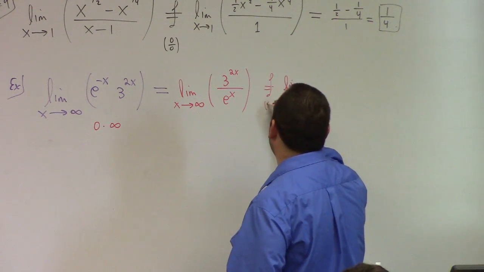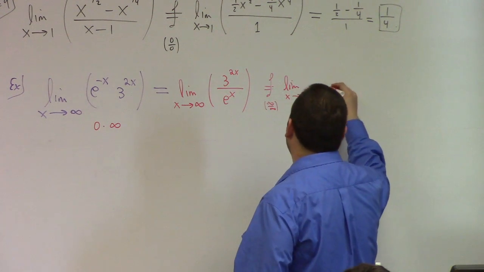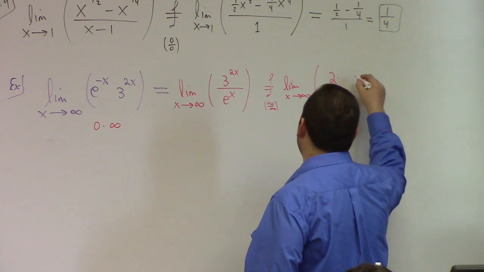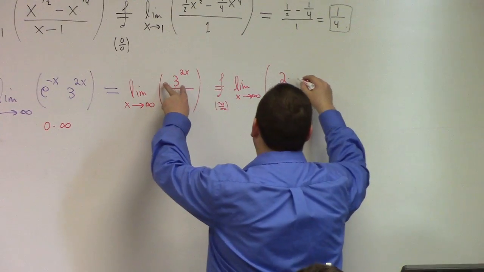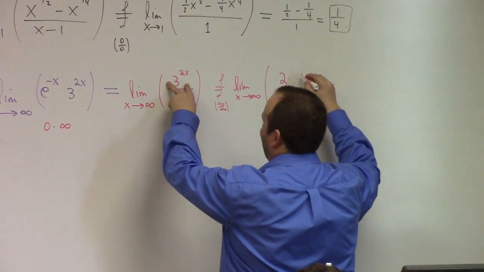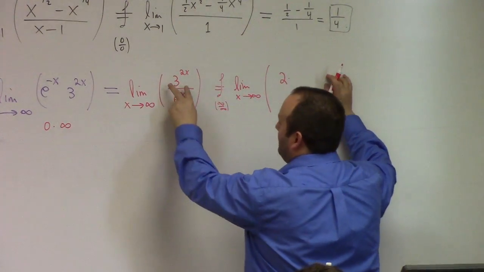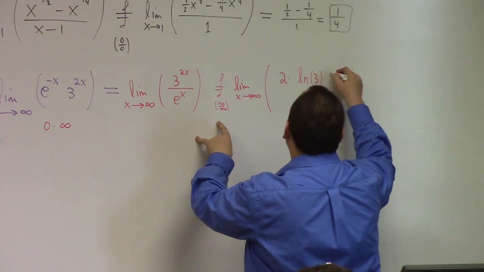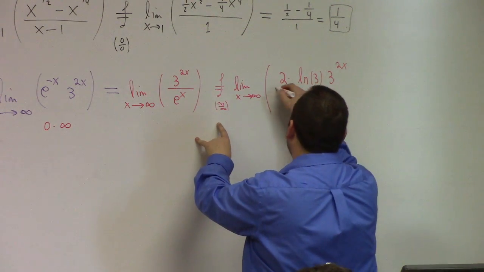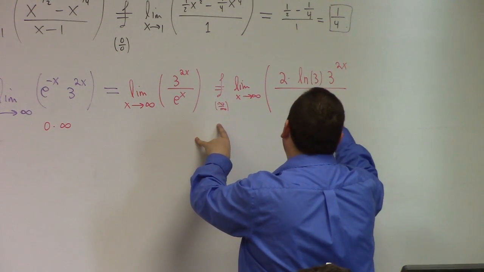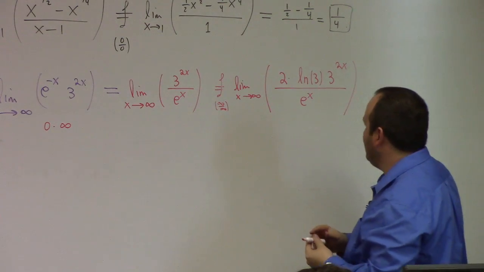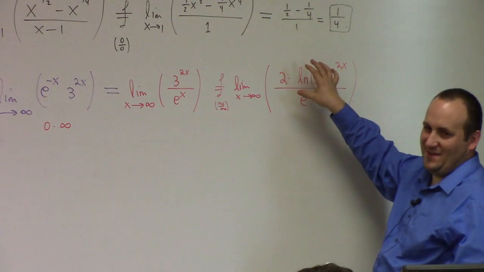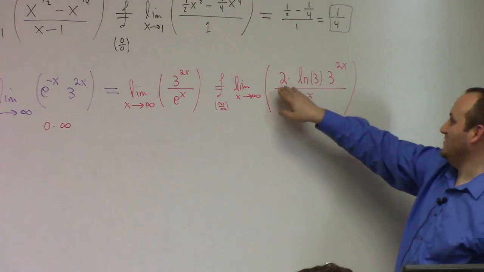This is not a power function. This is an exponential function. It's natural log of 3 times 3 to the 2x that we'd have upstairs. And then downstairs you have e to the x. But as you can see, all we've really done is taken the one we started with and multiplied it by a number, 2 natural log of 3.